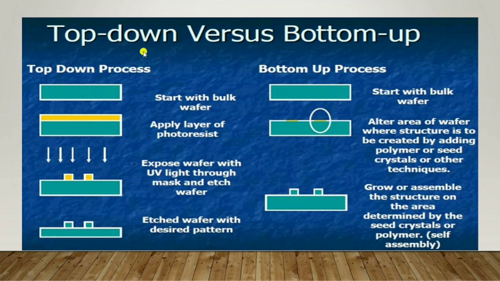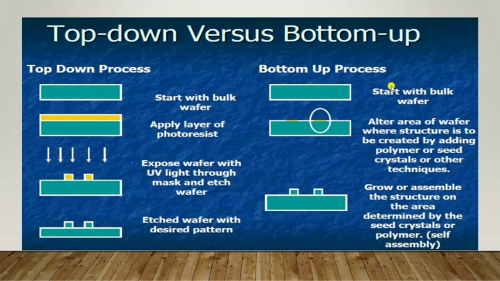Here, top-down versus bottom-up approach. What we do in the top-down process, we start with a bulk wafer and we apply a layer of photoresist, and this photoresist layer is exposed to UV light, and then we etch this wafer and the nanoparticles will be formed.